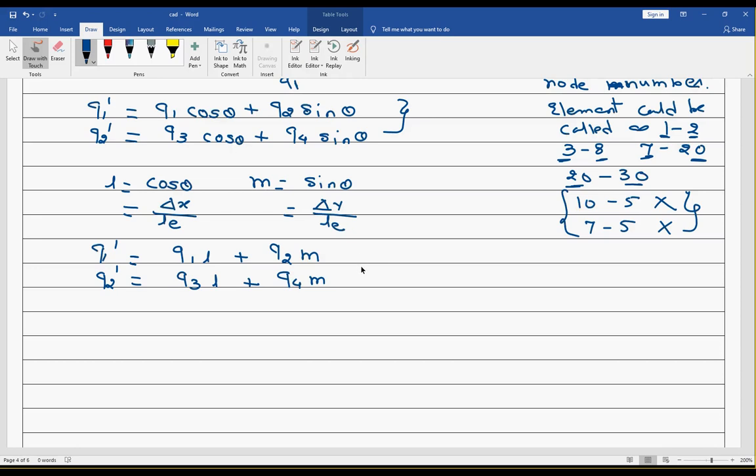Okay, so I can write this as the q dash vector is equal to the matrix [L m 0 0; 0 0 L m] into the 4 by 1 matrix q1, q2, q3, q4.